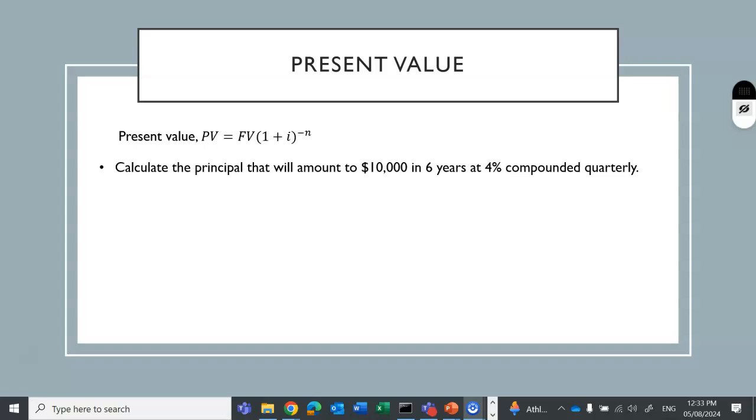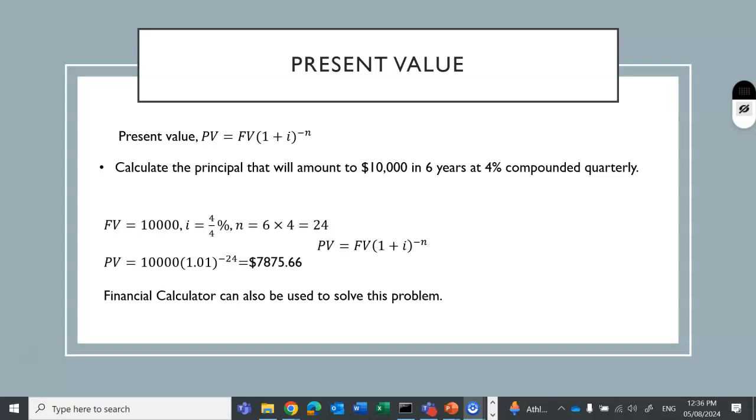Calculate the principal that will amount to $10,000 in 6 years at 4% compounded quarterly. So future value is $10,000. I is 4 over 4, and N is 6 times 4, which is 24.